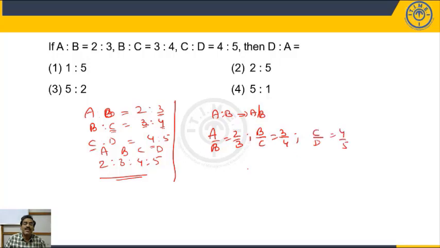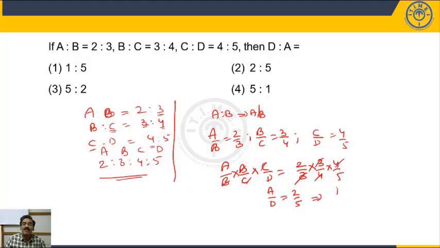Multiplying these ratios, A by B into B by C into C by D is nothing but, B's cancel, C's cancel, we get A by D. On the right hand side we have 2 by 3 into 3 by 4 into 4 by 5. The 3s cancel, the 4s cancel. A by D is nothing but 2 by 5. So if A by D is 2 by 5, D by A is the reciprocal, so D by A will become 5 by 2. So the answer is 5 is to 2. That is one more way of getting the answer.